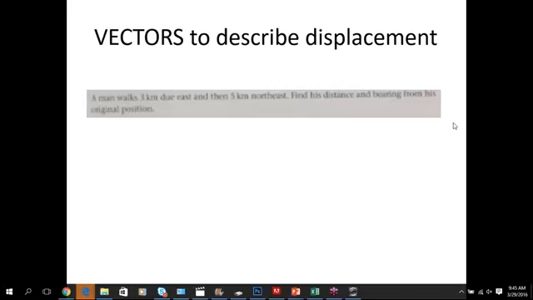I'm using vectors to describe displacement. The displacement from where I left this morning, home, to here is a straight line, and the direction. You can get that quite easily on Google Maps: draw a straight line and look at the compass direction. The distance and the direction becomes displacement. So it might not just be 11 kilometers, but 11 kilometers southwest, or 11 kilometers east. Displacement has a direction.